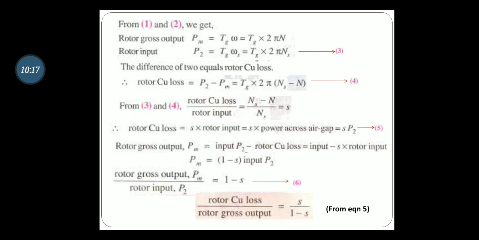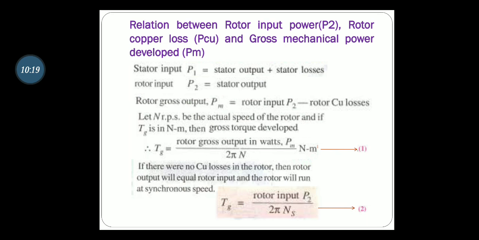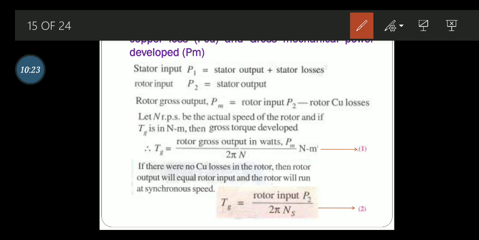Then from equation 1 and equation 2, observe equation number 1. What is equation number 1? It is the gross torque developed, Tg, equal to the rotor gross output in watts divided by 2 pi n. And the second equation is the gross torque developed where the copper losses are neglected.